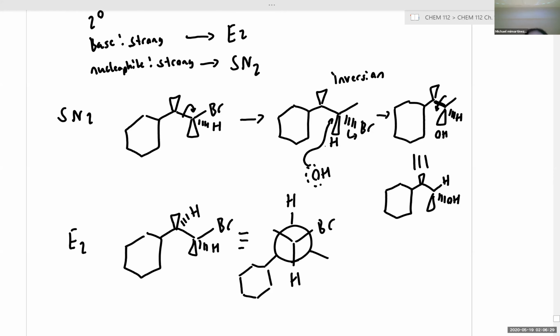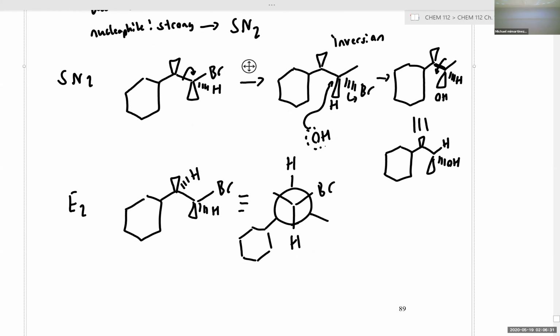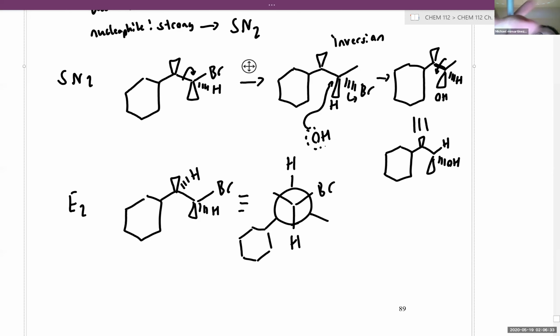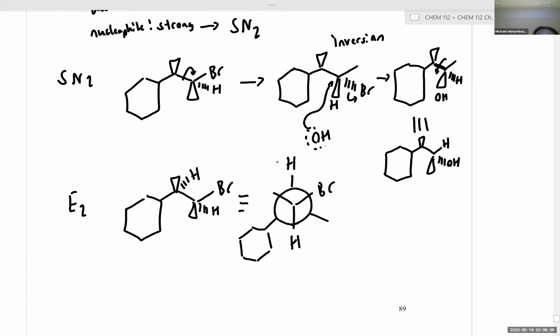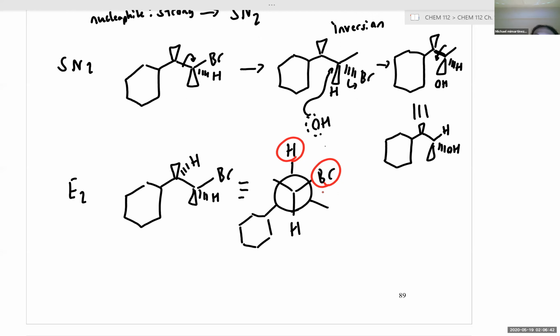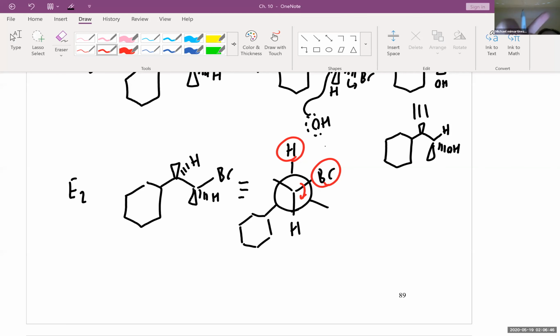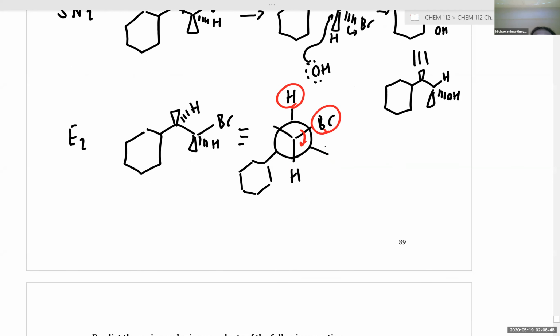Wonderful. Okay, now we're gonna do a rotation. We're gonna rotate in front, so our bromine and hydrogen are anti to each other.